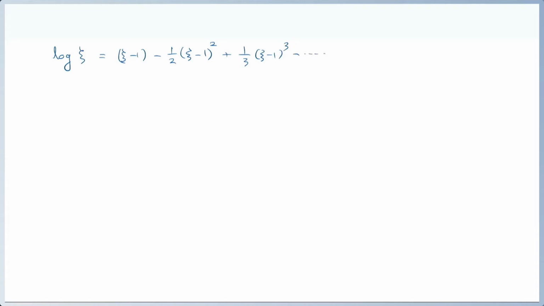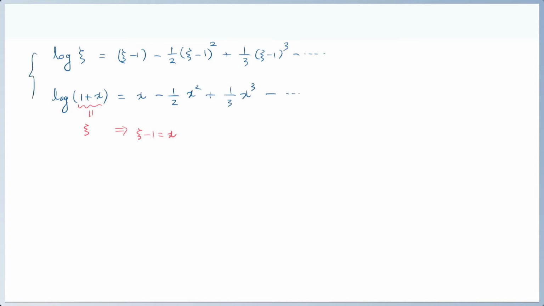So when you have log of 1 plus x, if you think of this as c, you see that c minus 1 is nothing but x. So I can write down the Taylor expansion of this as x minus 1/2 x squared plus 1/3 x cubed, and so on and so forth.